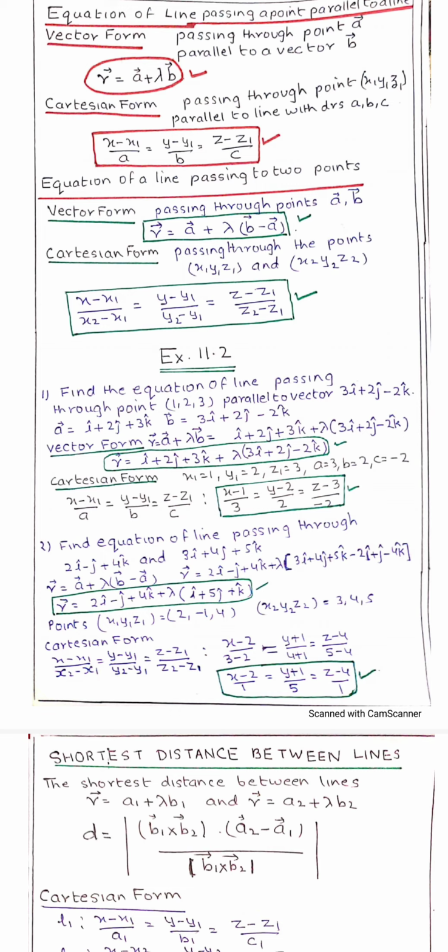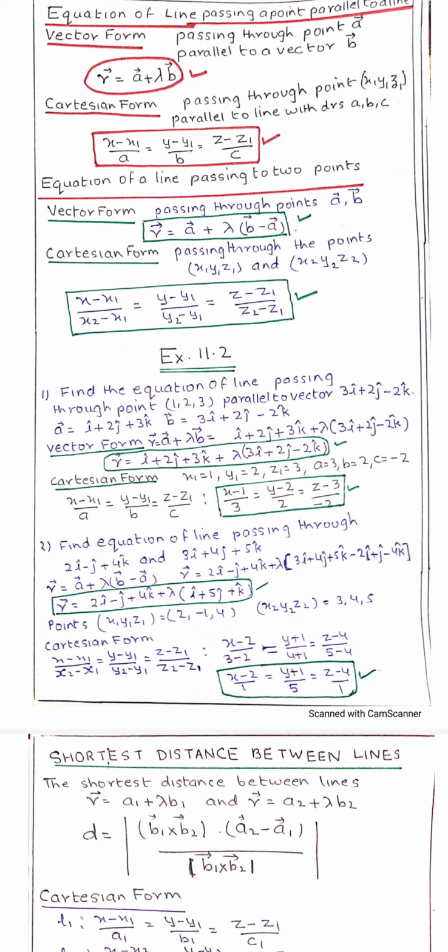Find the equation of a line passing through 2i minus j plus 4k and 3i plus 4j plus 5k. r is equal to a plus lambda times (b minus a). a is 2i minus j plus 4k plus lambda. From b we subtract a, we get r is equal to 2i minus j plus 4k plus lambda times (i plus 5j plus k).